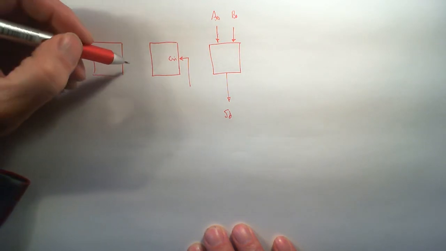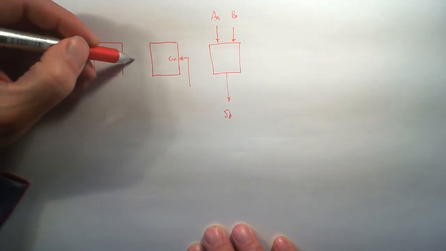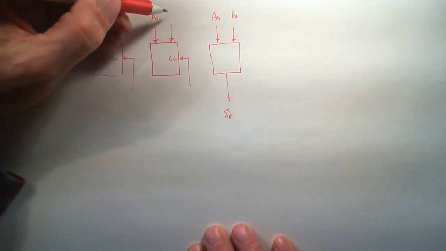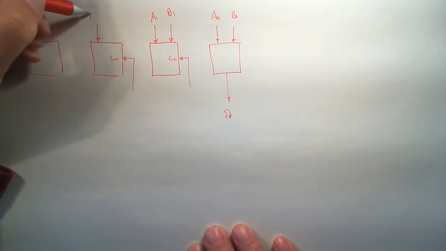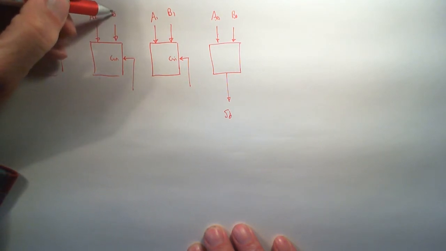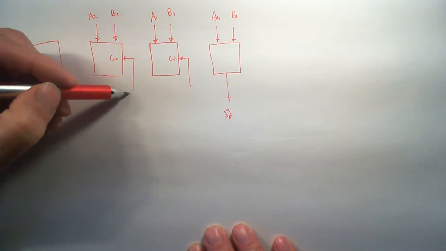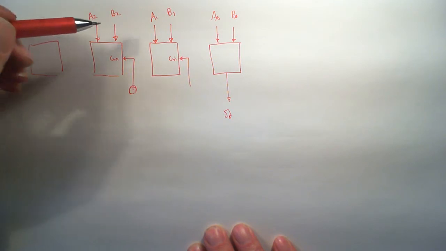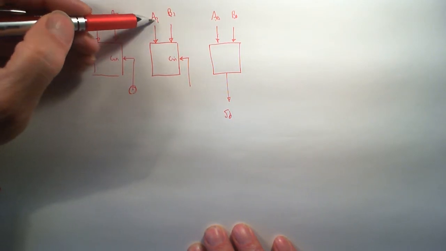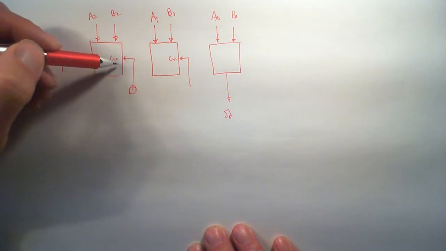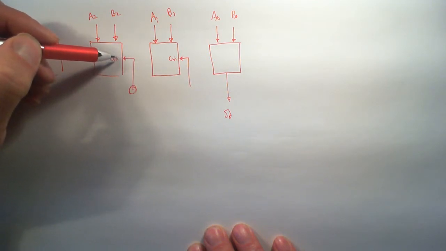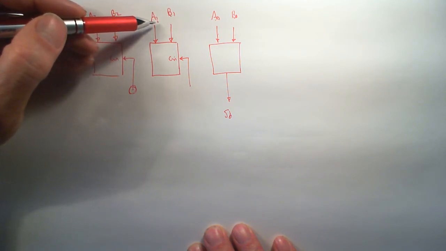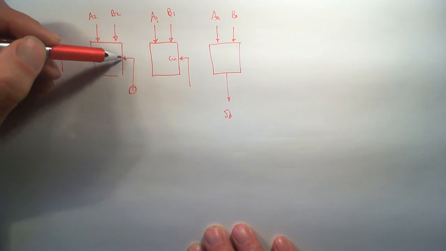Let's see if we can generalize that to maybe the carry into the next stage. So this would be the A1 and B1 stage, A2 and B2. And if we ask the question, when might this carry in be driven? Well, following the reasoning we just came up with, if A1 and B1 are both a 1, we know this carry in is going to have to be a 1. If A1 and B1 are both a 0, we'd know that this carry in would be a 0, right?